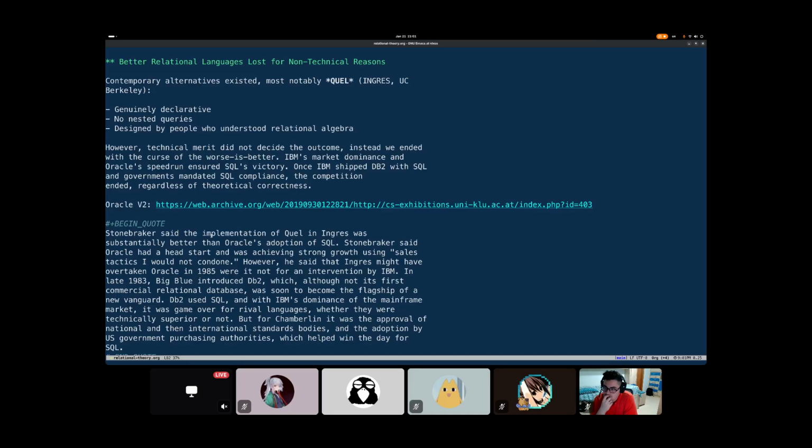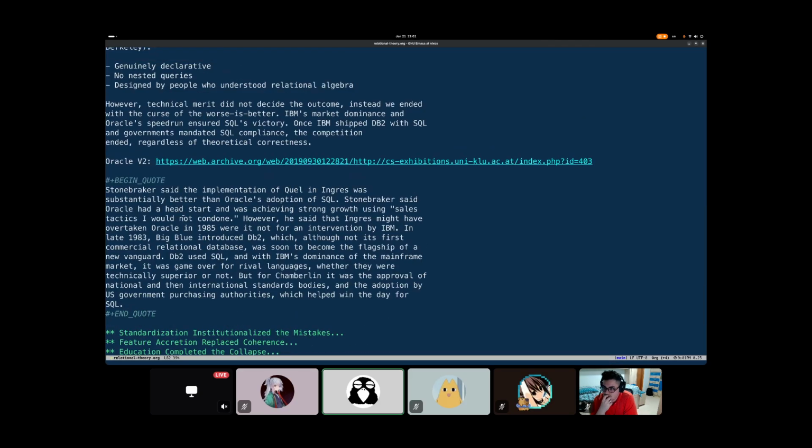That's very funny. There's this quote here from an interview. So Stonebraker said an implementation of QUEL in Ingres was substantially better than Oracle's adoption of SQL. Stonebraker said Oracle had a head start and was achieving strong growth using sales tactics I would not condone. And times never change, do they?